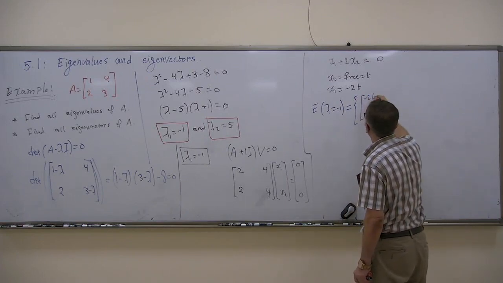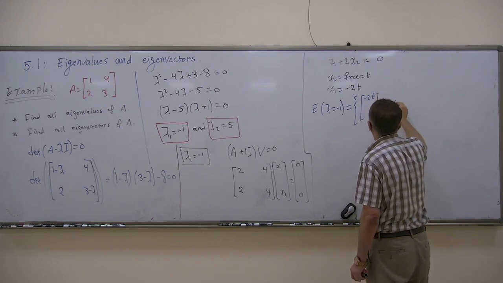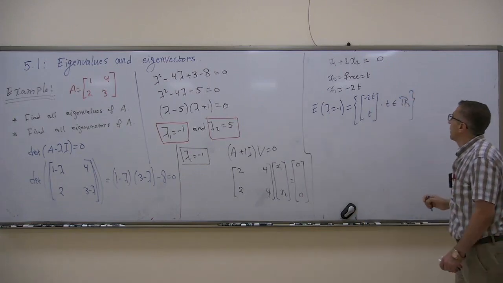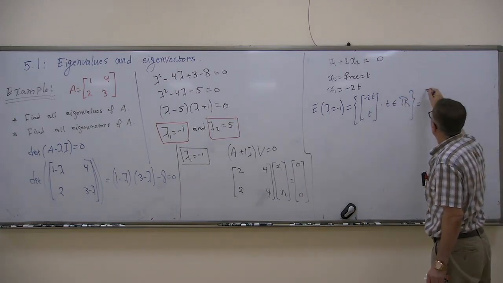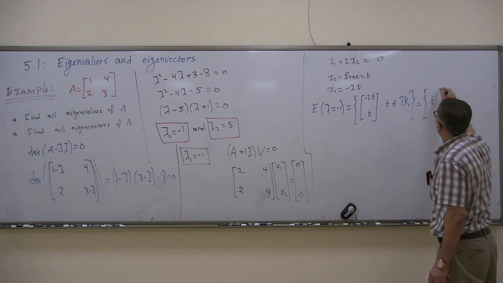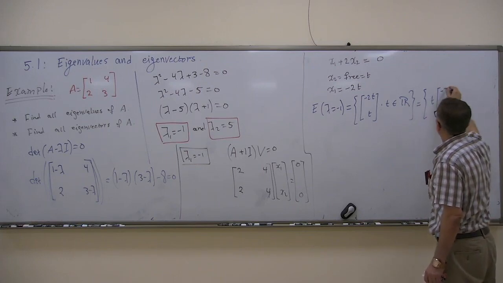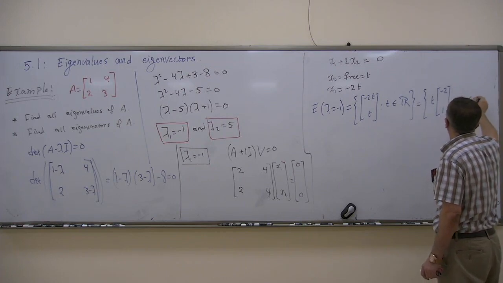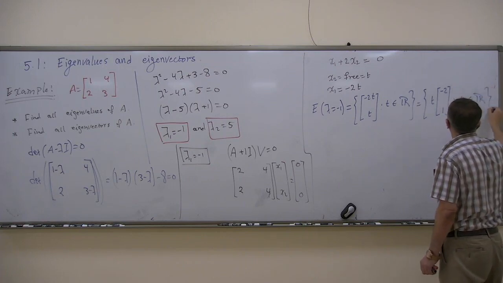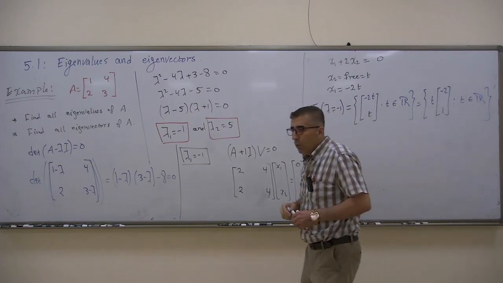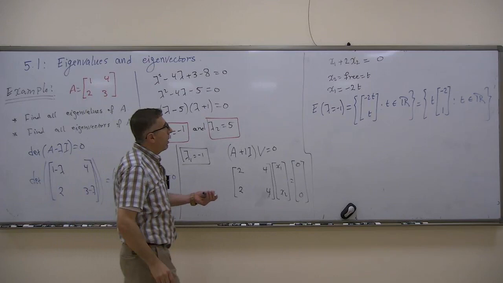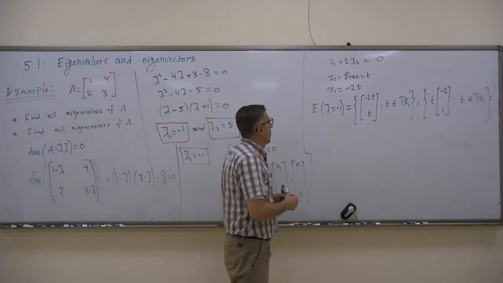Negative 2t, t, such that t belongs to R. And that is t times negative 2, 1, such that t belongs to R.